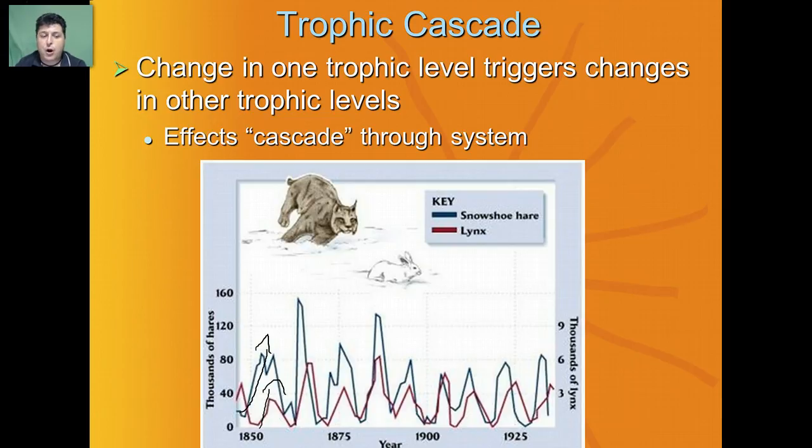The predator is going to always follow the prey in terms of these population interactions. If we eliminate the hare, then the lynx population is going to be eliminated as well. A change in one trophic level is going to affect another.